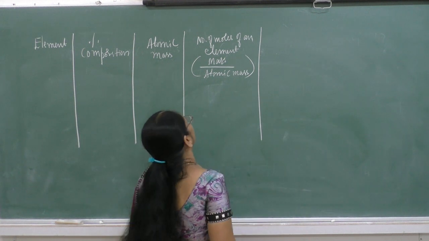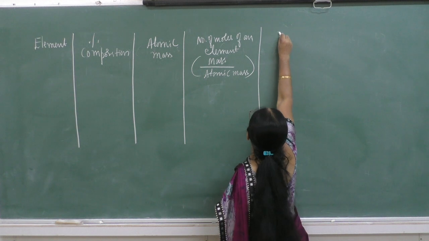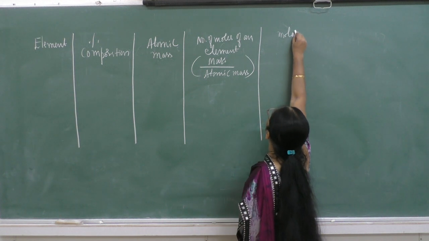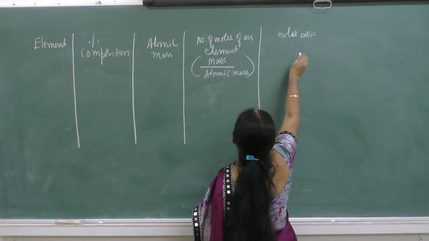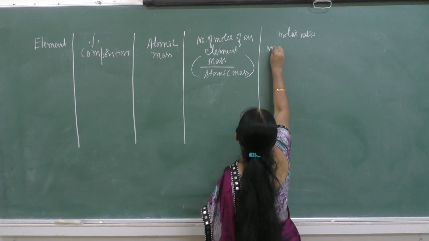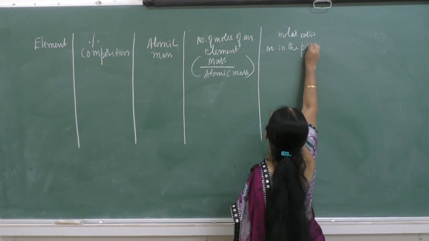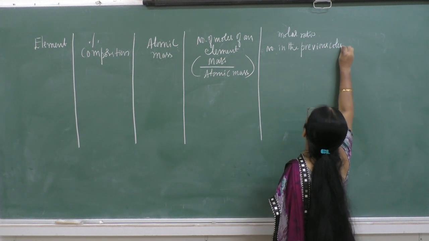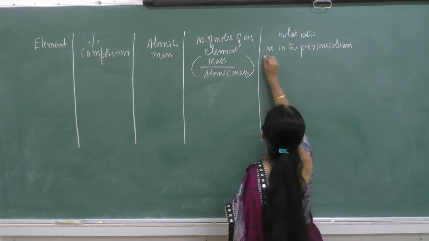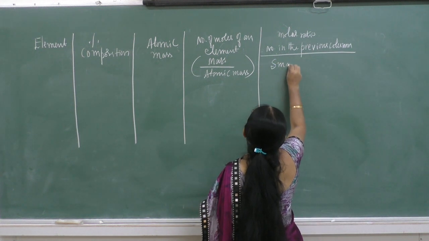In the next column, calculate the molar ratio. This is given by the number in the previous column divided by the smallest number.